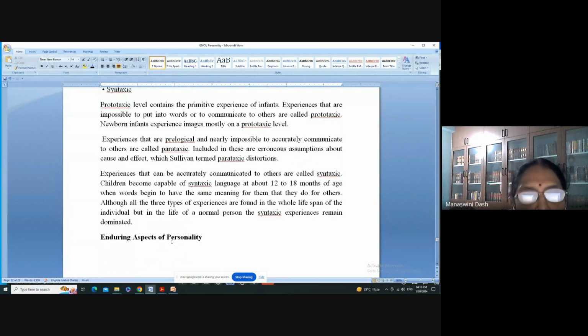Although these three types of experiences or levels of perception are found in the lifespan of the individual, it is predominantly syntaxic. At the syntaxic level we operate, a normal person operates.